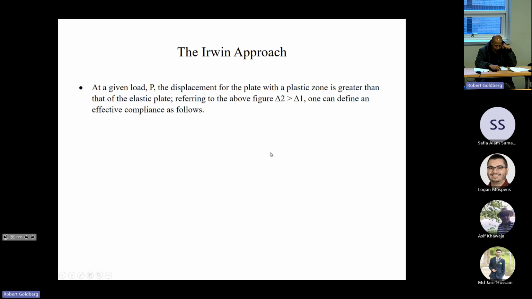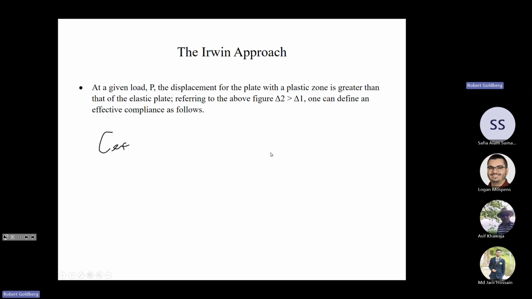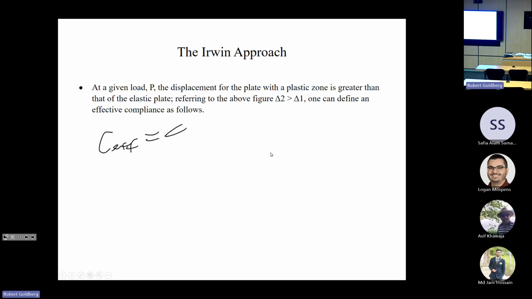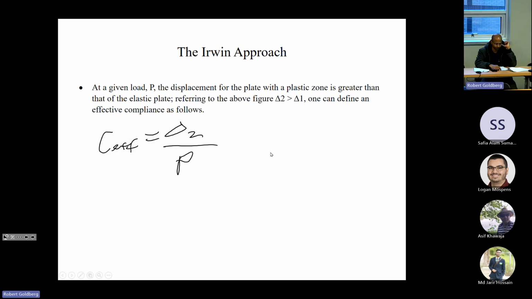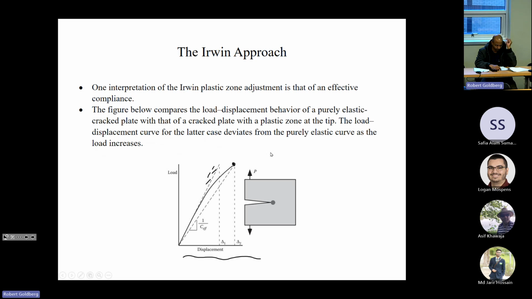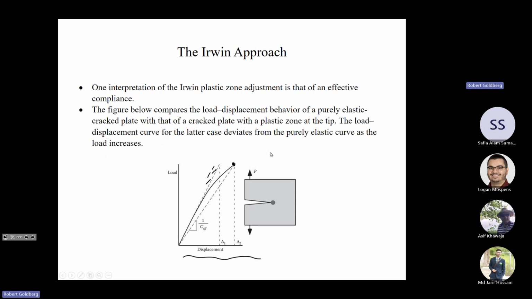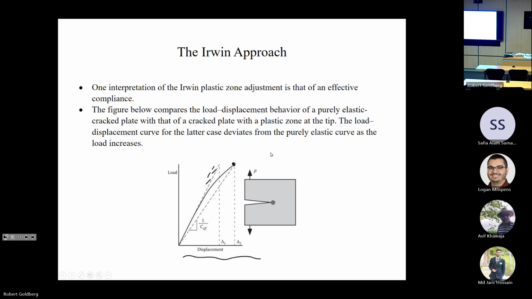And we can also define an effective compliance, which is equal to this maximum displacement for the case of plastic loading divided by the applied stress. We're looking at mode 1 type of loading.